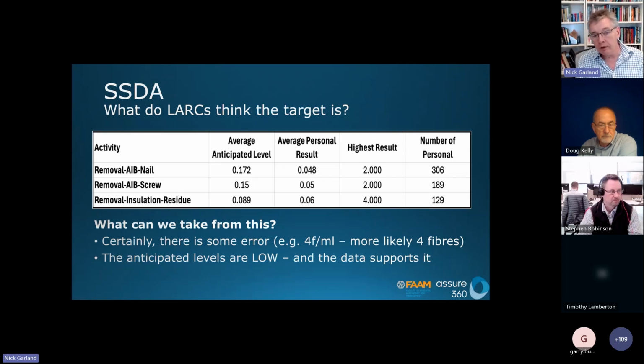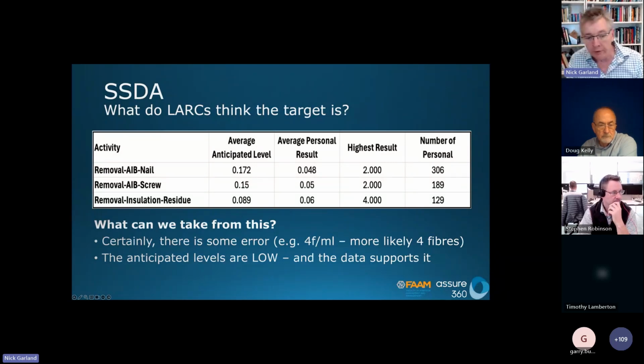The average anticipated exposure level set by licensed contractors is just there: 0.172, 0.15, and 0.089. And the average personals here in the middle are 0.048, 0.05, and 0.06. Those are personals actually specifically targeting removal of AIB nail. And at the end here, we've got the number of personals in the period I was measuring.